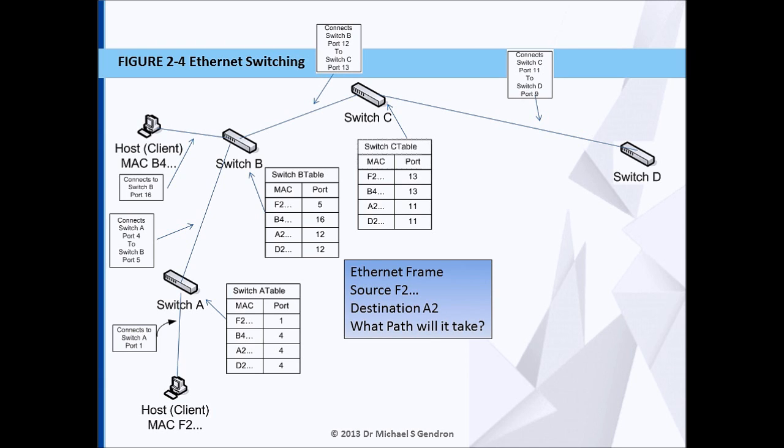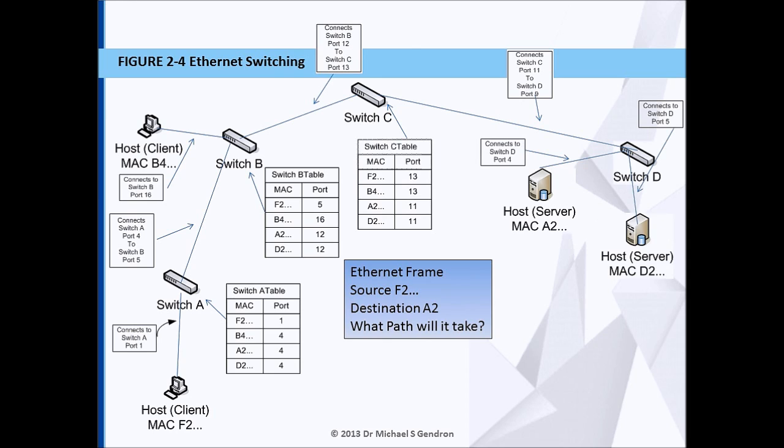Let's add a couple more devices. We have host server MAC A2 and D2. A2 connects to switch D on port 4. D2 connects to switch D on port 5. What impact does this have on the switch D forwarding table?